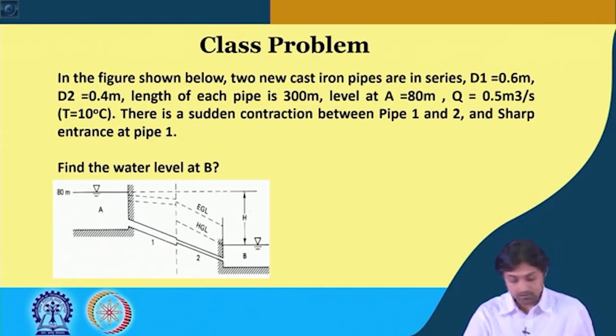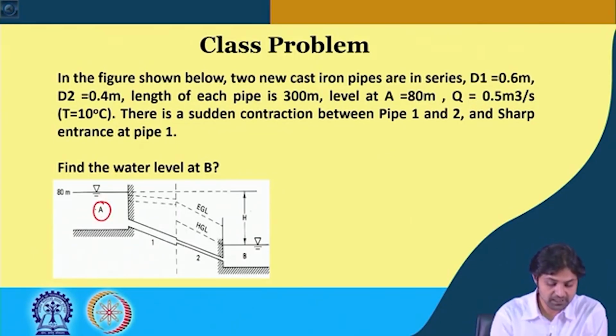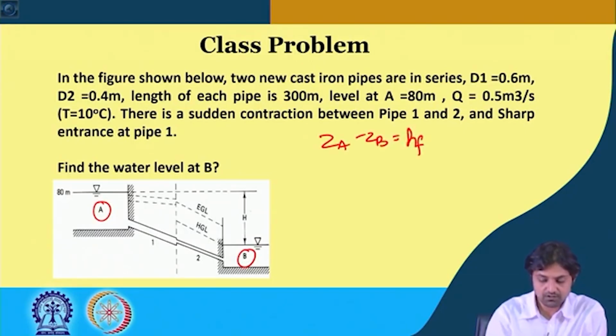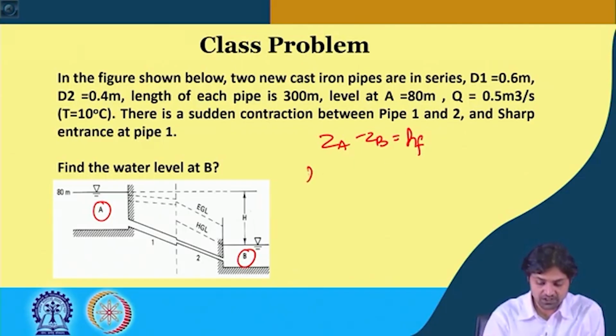Okay. So see, whatever be the difference between the levels at A and B, this ZA minus ZB should be equal to the HF, that is the head loss between point A and point B. Now this HF should be the sum of the losses.